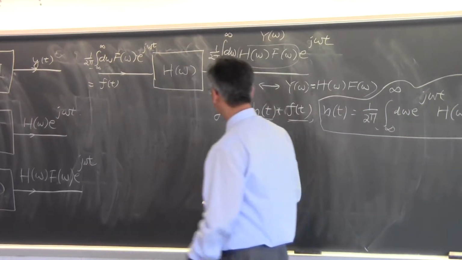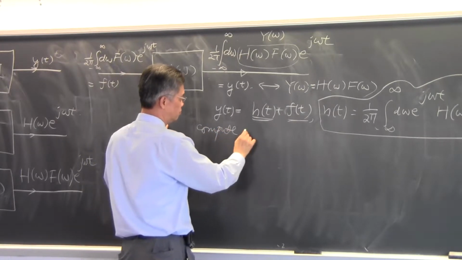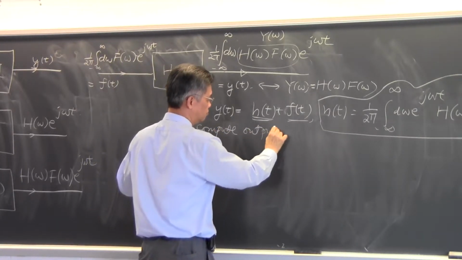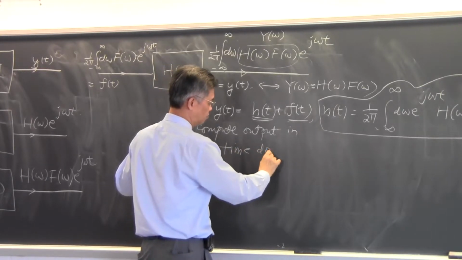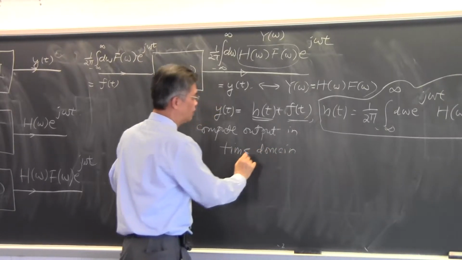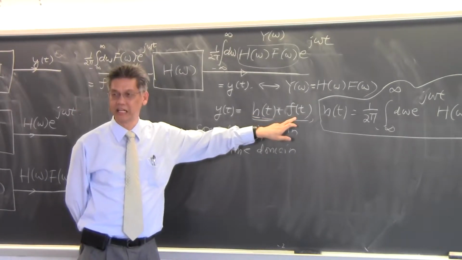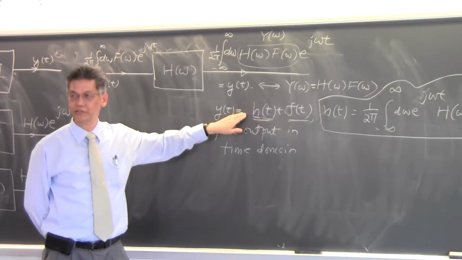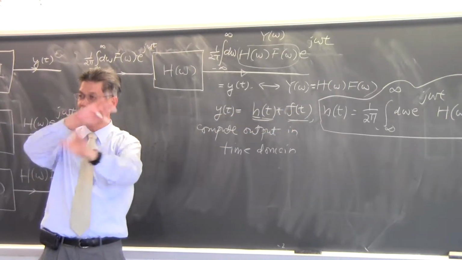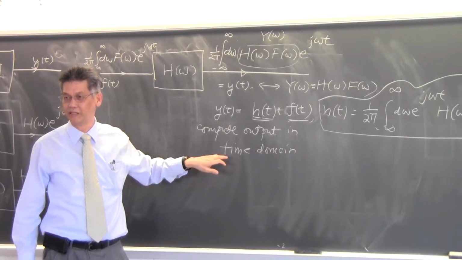So it is a way to compute the output in the time domain. If I have this available in the time domain, then you know how to compute this output by taking the convolution of this signal with that signal. You flip it around, you do the convolution, then you should get the output in the time domain as well.